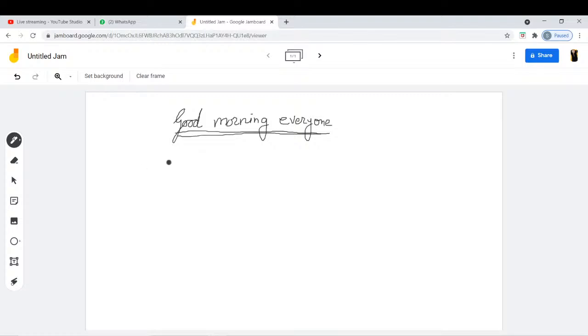Here CH3 C double bond O, then NH2, is acetamide. Its IUPAC name is ethanamide.